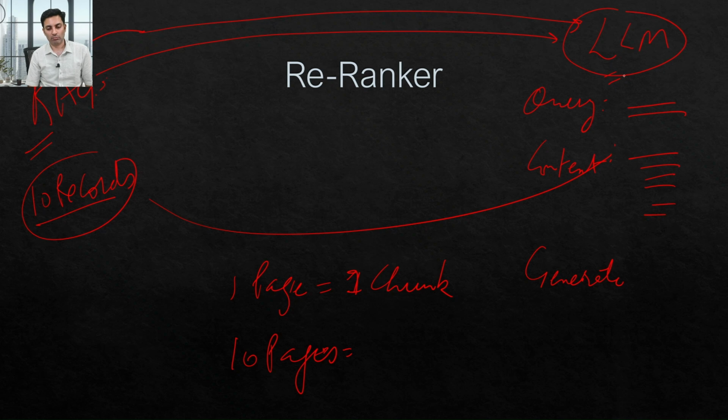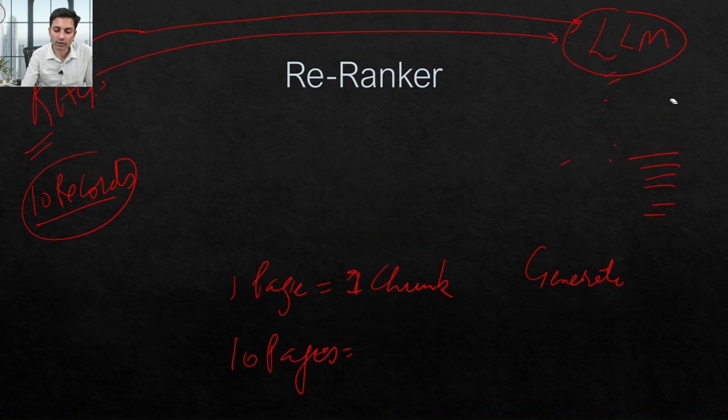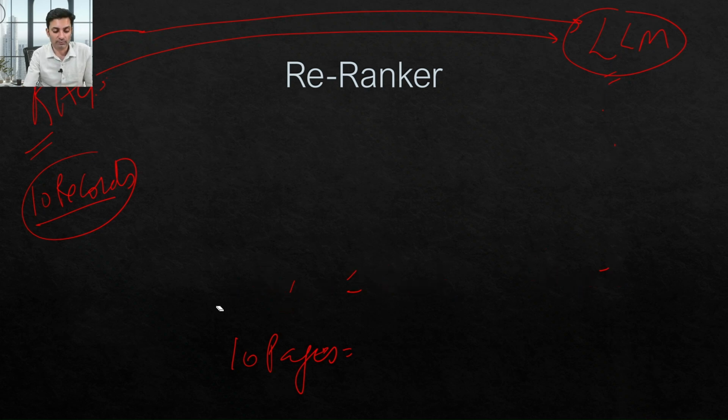Now the LLM can sometimes skip the important information. That is where we need to focus: whenever we give data to an LLM, we try to filter and give as much relevant data as possible. To do that, we need to use some kind of re-ranker algorithm or re-ranker model.